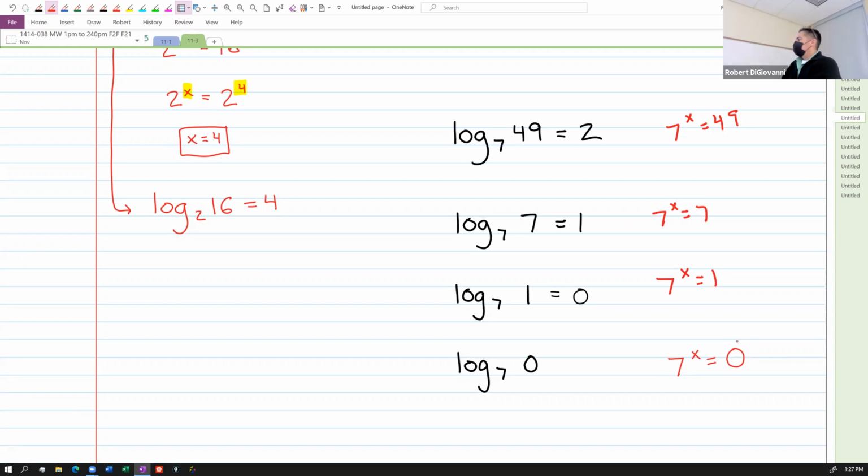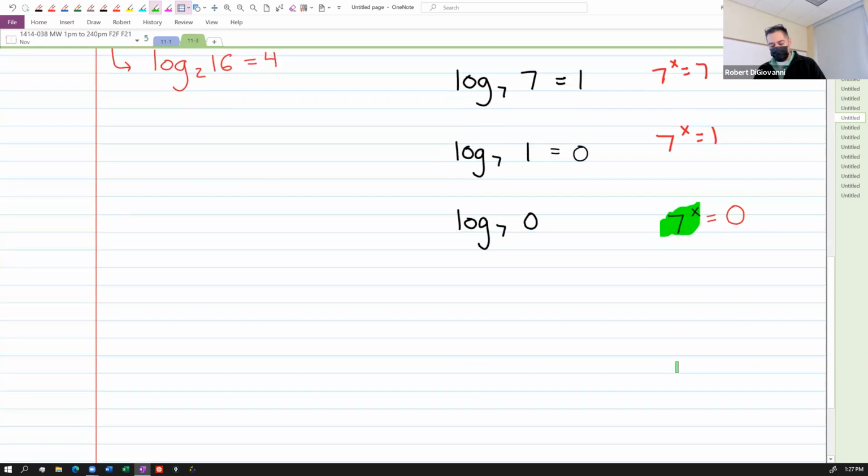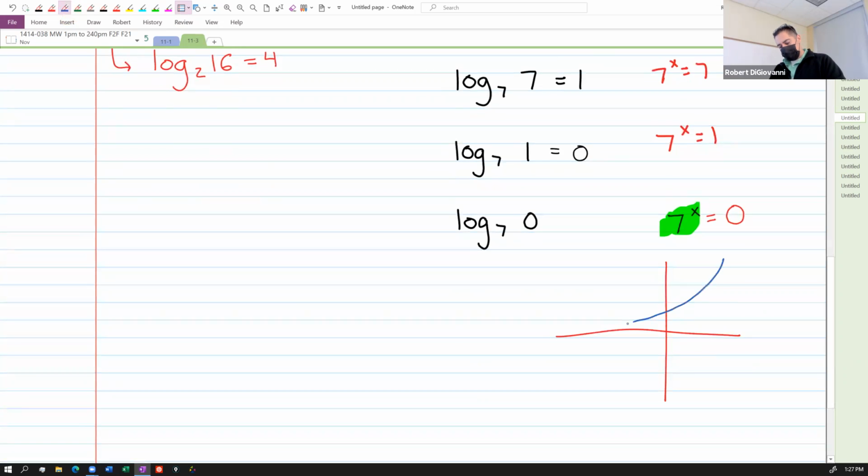Exactly. Good. So what's being pointed out here is that if you look at the left side, 7 to the x, think about that as an exponential function, right? We know that an exponential function, if we graphed it, would look like growth or decay. Growth. 7 to the x would look like this, wouldn't it?